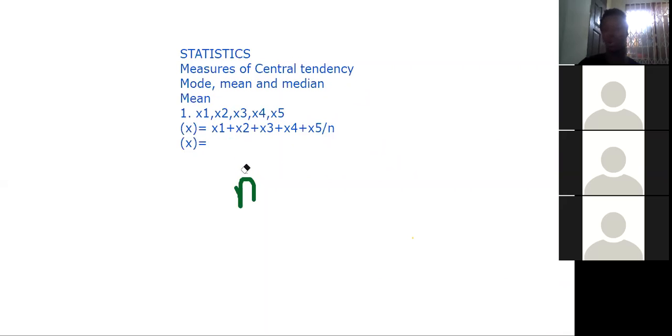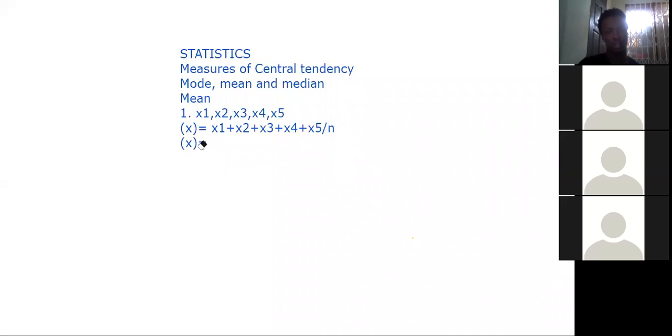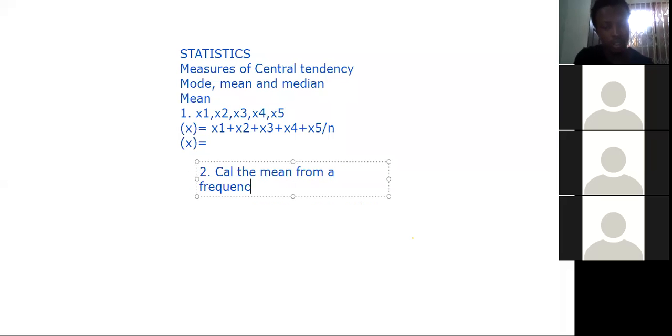The first one we did was calculating the mean of ungrouped data. Now we are going to calculate the mean of grouped data. The second thing we are going to do, number 2, is calculating the mean from a frequency table, the mean from a frequency distribution table.